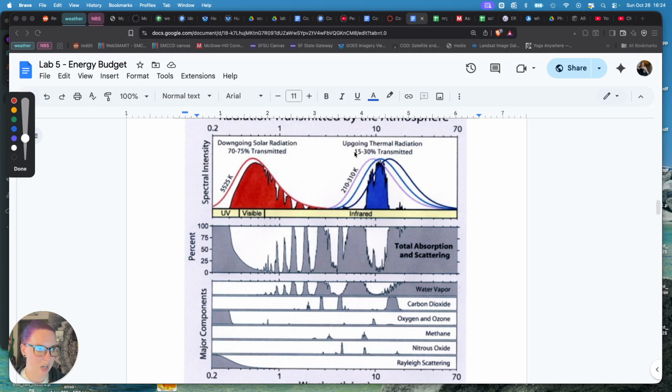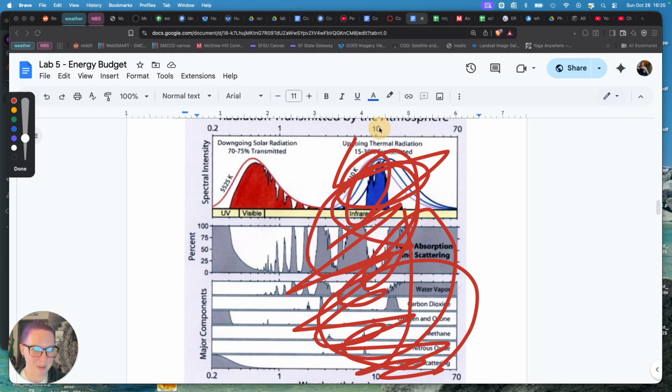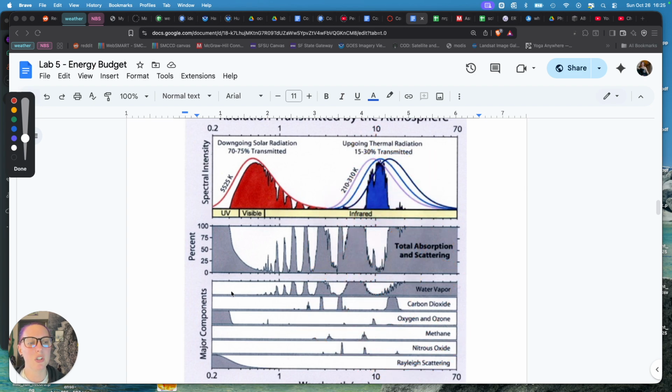Essentially, you want to notice where there is total interference on whichever side we're looking at, and try to find which of these 6 gases are responsible for the most amount of that interference at that particular wavelength, right?